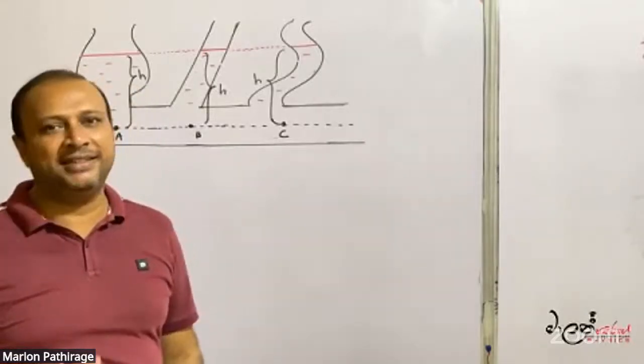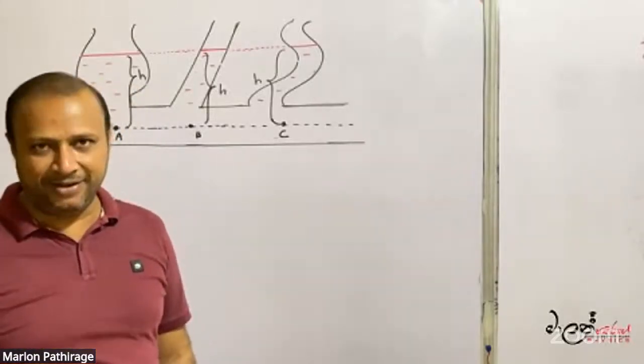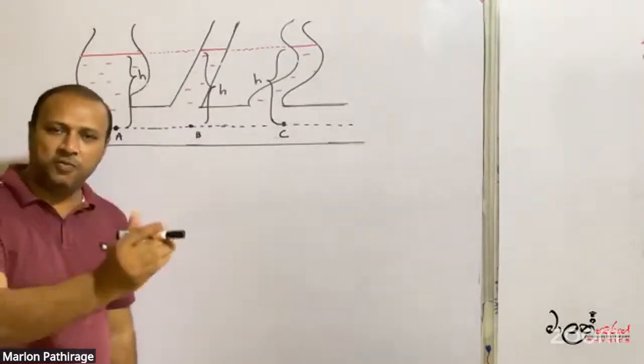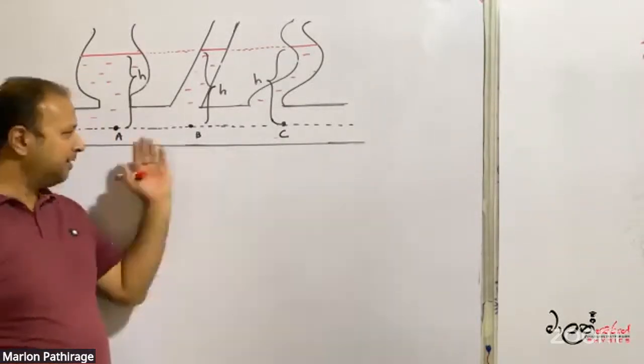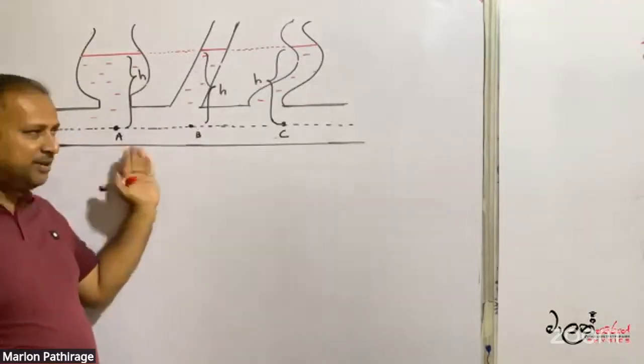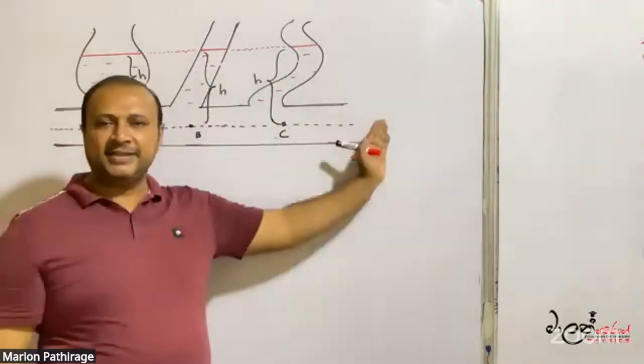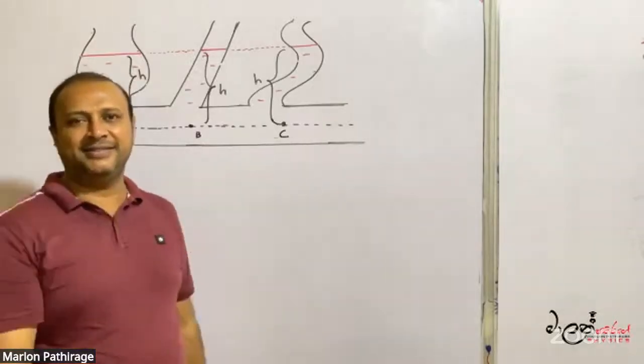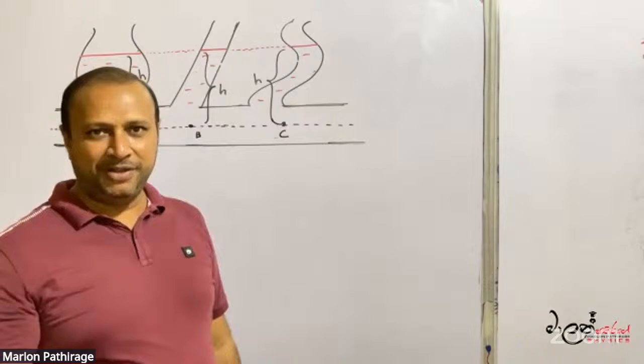Therefore, definitely, if it is a stationary homogeneous liquid, the pressure at the same horizontal line should be a constant. If you got that one, please raise the hand.